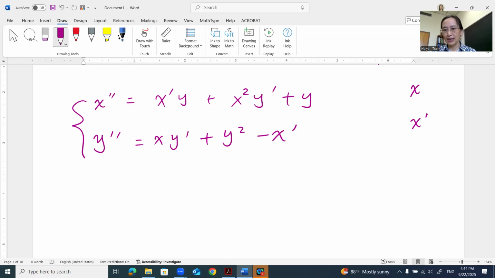The derivative of x, let's call it u, and y we keep as is, the derivative of y, let's call it v.